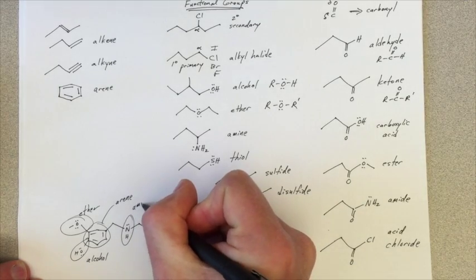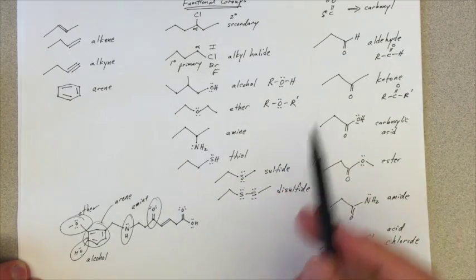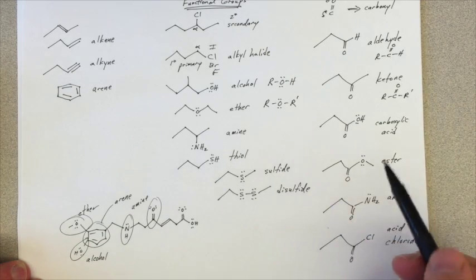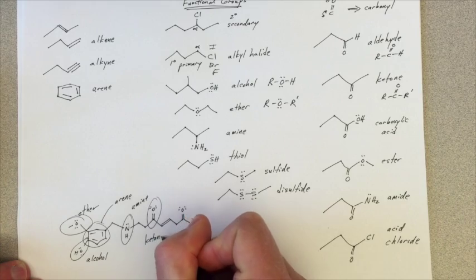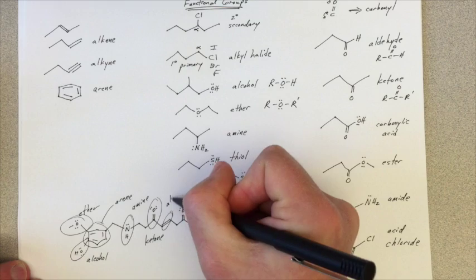There's an amine. We'd call this a secondary amine because it's bound to two other carbons. Here we've got a carbonyl group that is stuck right in the middle of a carbon chain, so that is a ketone. That's next to a carbon-carbon double bond. That's an alkene.